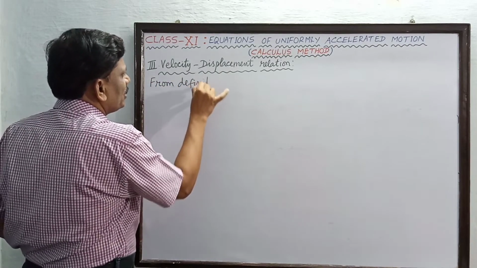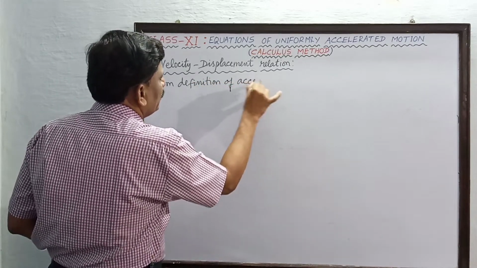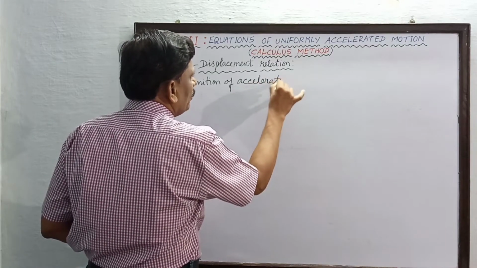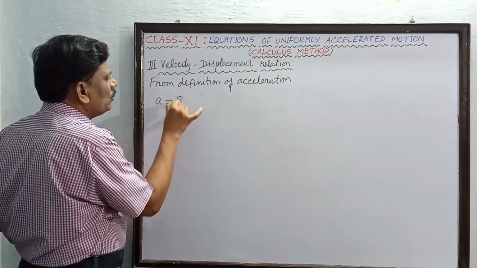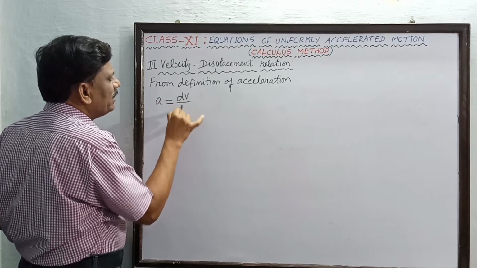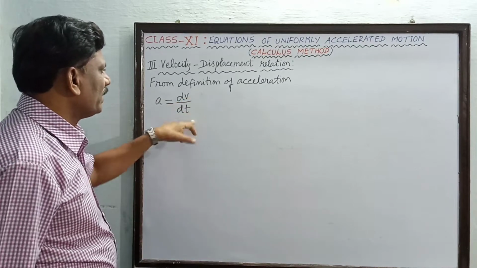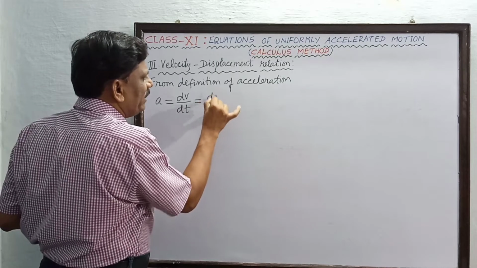So from the definition of acceleration, what is a equal to? Acceleration is the rate of change of velocity. So I will take a is equal to dv by dt. Now I will multiply the numerator and the denominator by the change in the displacement ds.